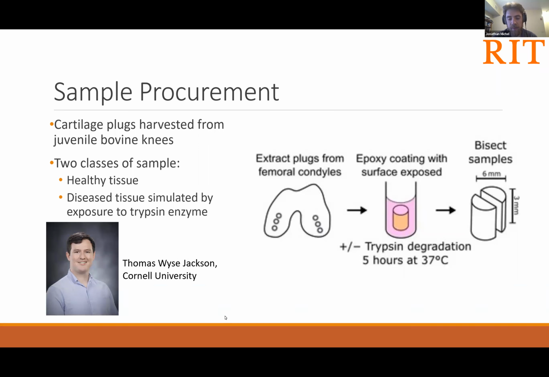I'm not sure in other branches of the animal kingdom if the articular cartilage looks markedly different. Now, I know also the cartilage in your jaw, in your temporomandibular joint, is a bit different from what I'm showing you for the cartilage in the knee. So there are some context dependent characteristics here that vary from one application to the next.